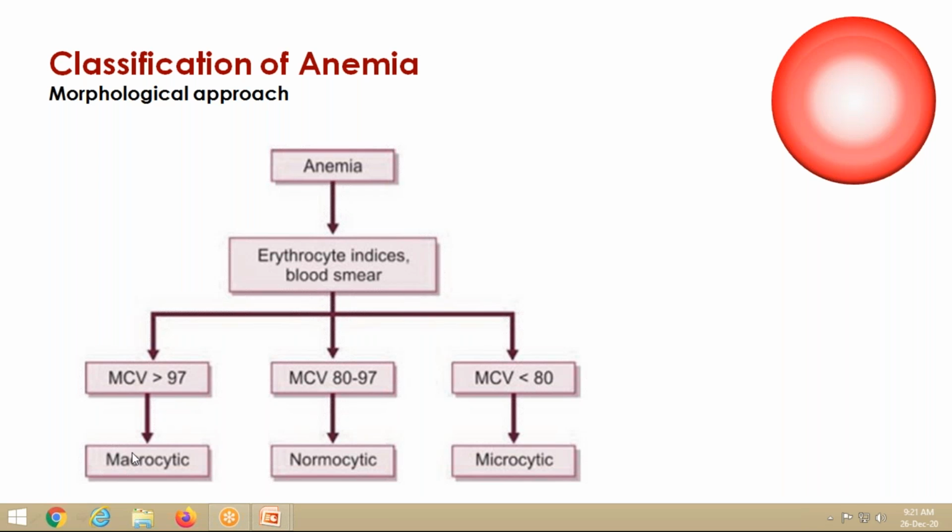If it is above 97, it goes into macrocytic, big, all these megaloblastic anemias. 80 to 97 is almost normal size, but if anemia is already there, it is a normocytic anemia. If the MCV is less than 80, it becomes a microcytic anemia. This is in femtoliters, as all of you know.